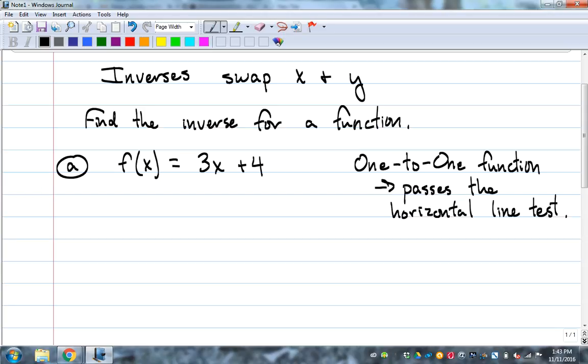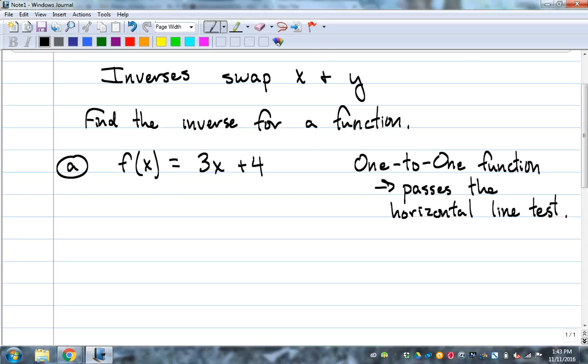You look at a graph, and this particular graph, the 3x plus 4, is a line that does something like that. If it passes the vertical line test, it's a function. We already know that because it's in function notation.